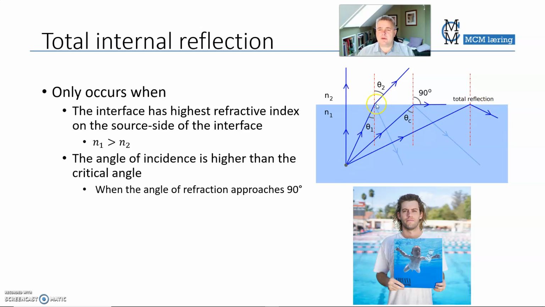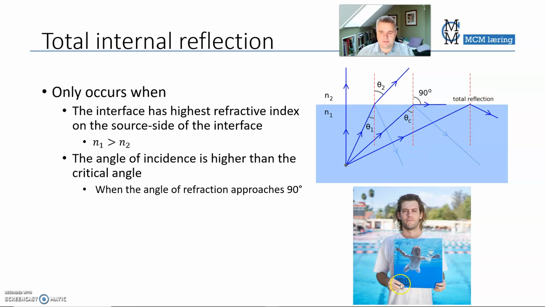Note that for the other angles here, some light will reflect and some will refract. Some will go into the new material. In this case, the more the angle is, the more reflection and less refraction. But when you come above the critical angle, everything will reflect. So for an angle higher than the critical angle, this will become a perfect mirror.